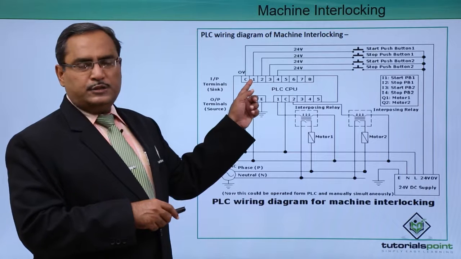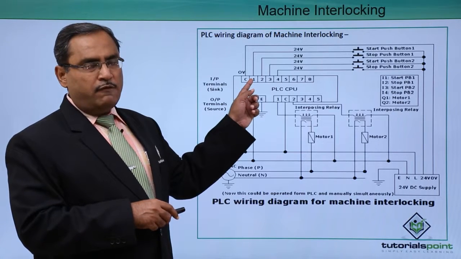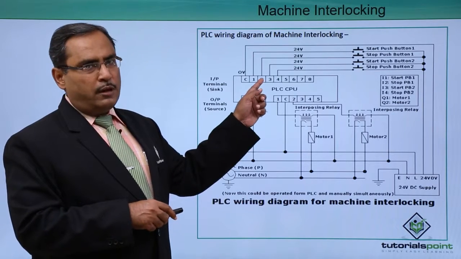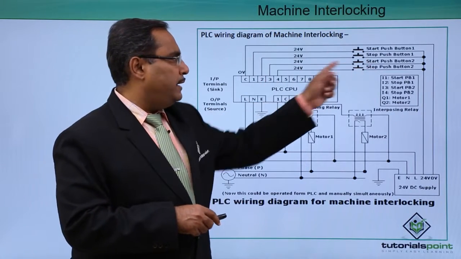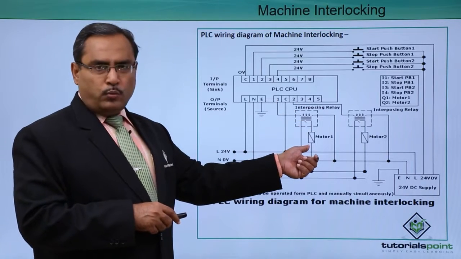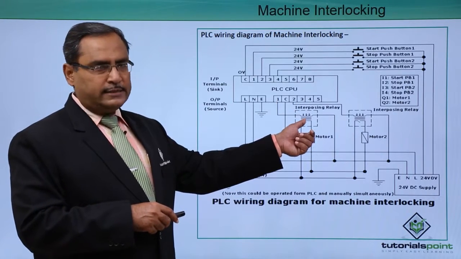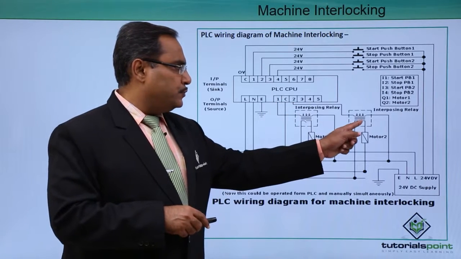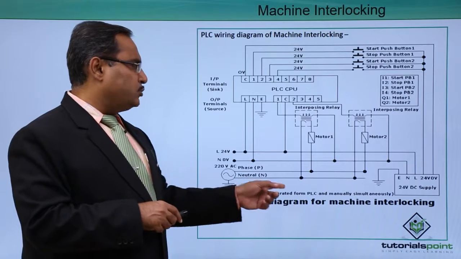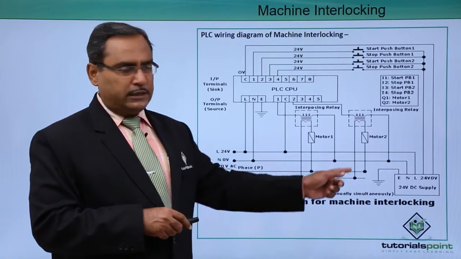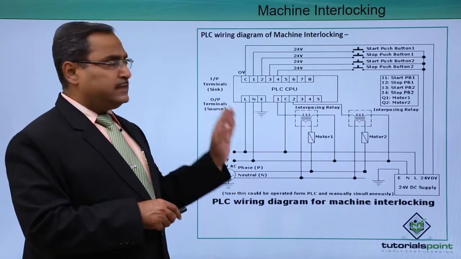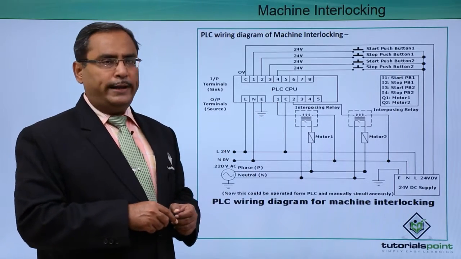We have the start push buttons for machine 1 and machine 2, and stop push buttons for machine 1 and machine 2 respectively. From here the interposing relay for motor 1 is connected, and from here interposing relay 2 is connected for machine 2. In this way the motors get their supply to turn on. So this is one proposed PLC wiring diagram.